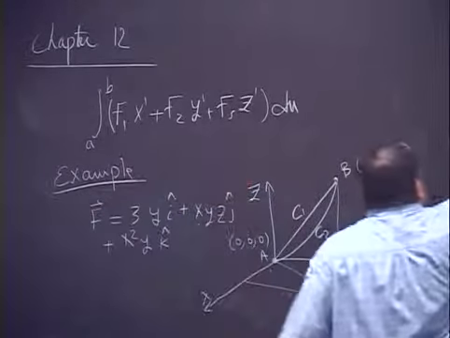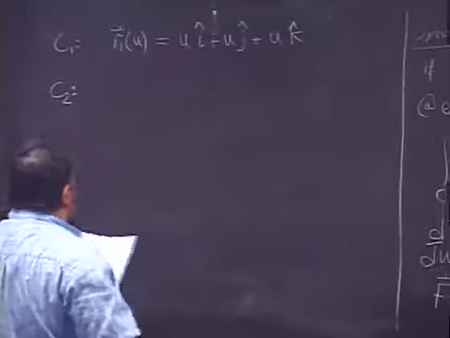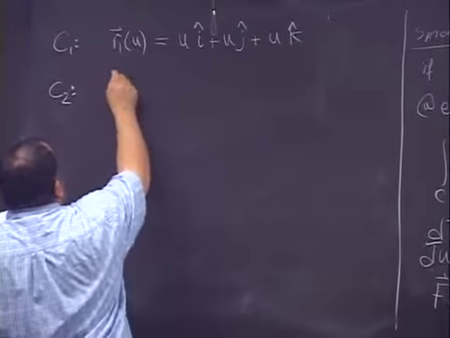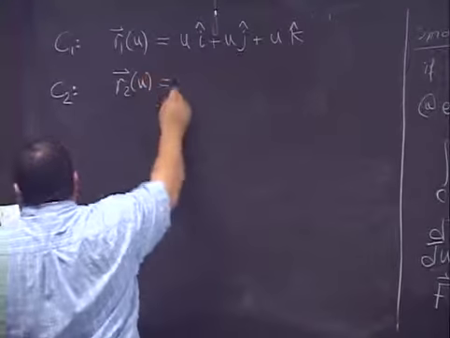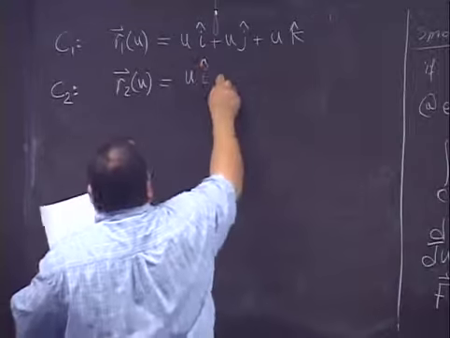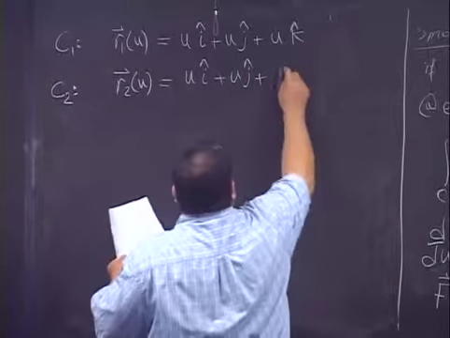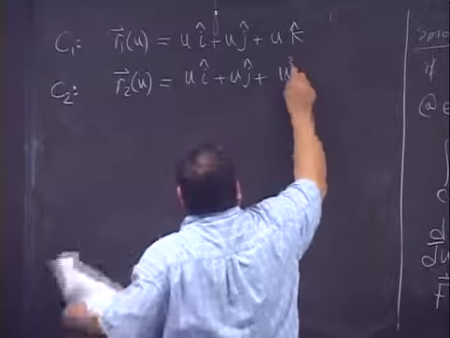So let's look at the contour C2. The equation for this contour is u in the i direction plus u in the j direction plus u cube in the k direction.